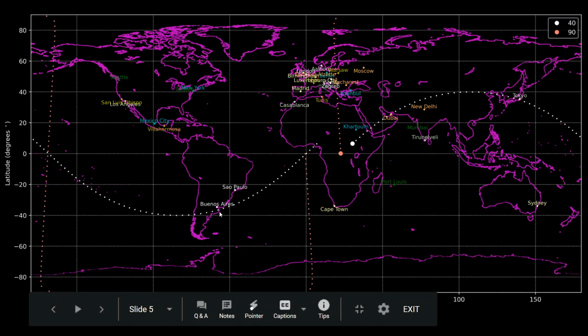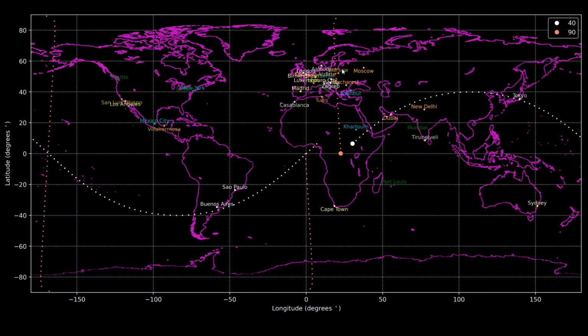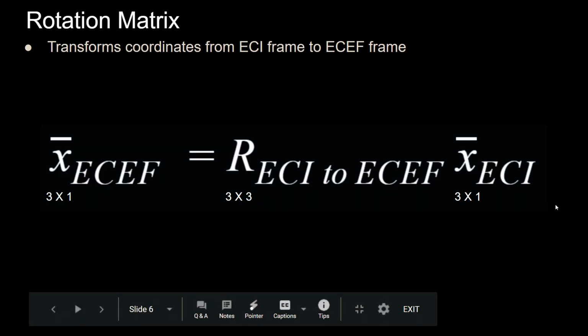So you know that this orbit has a 40-degree inclination. Whereas for a polar orbit, which has an inclination of 90 degrees, first of all, you can tell because it's coming straight down through the Earth, and you know that its max is at 90 degrees and its min is at negative 90 degrees. So that's one way you can tell from a ground track plot what the inclination of an orbit is.